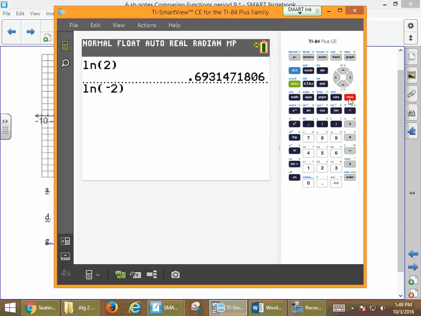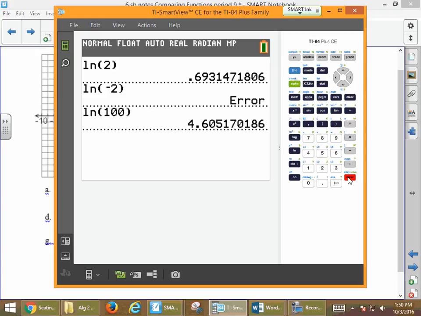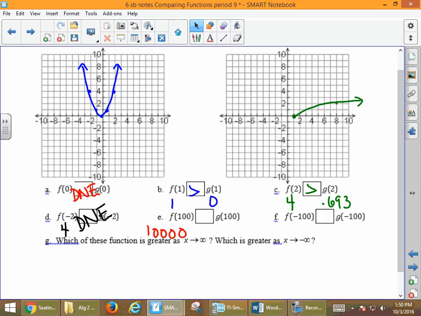So natural log of 100 gives us 4.6. And it seems that our pattern, when we can work with these, is that g is smaller than f, which is going to help here.